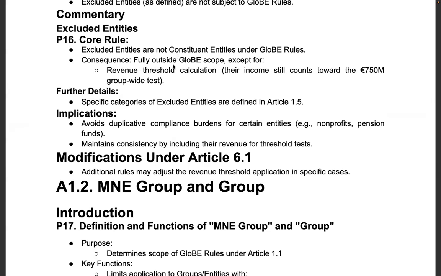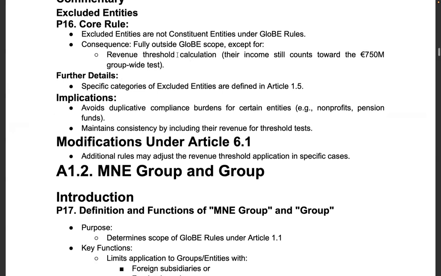Consequence: they are fully outside GloBE scope except for revenue threshold calculation. That's a very important point for us to remember. Those entities which are excluded entities will stay out of the GloBE rules, but they will become relevant only when we are estimating the 750 million euro threshold.